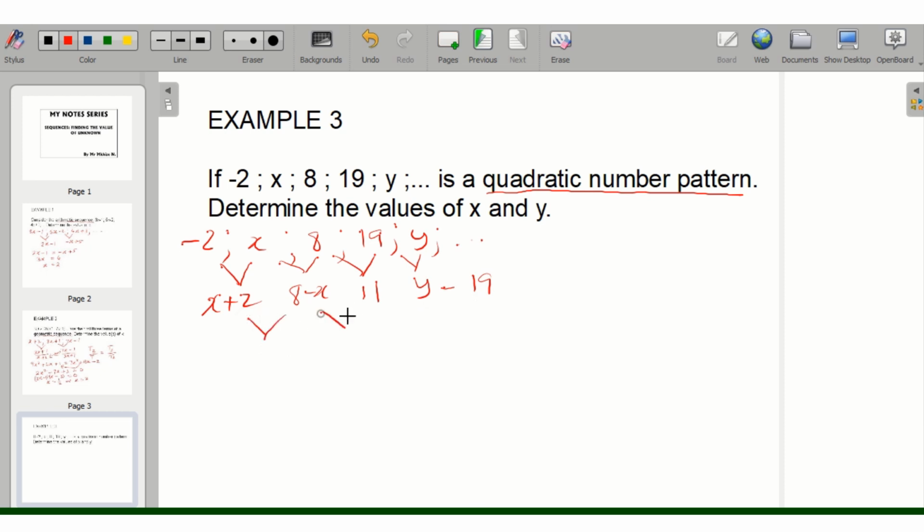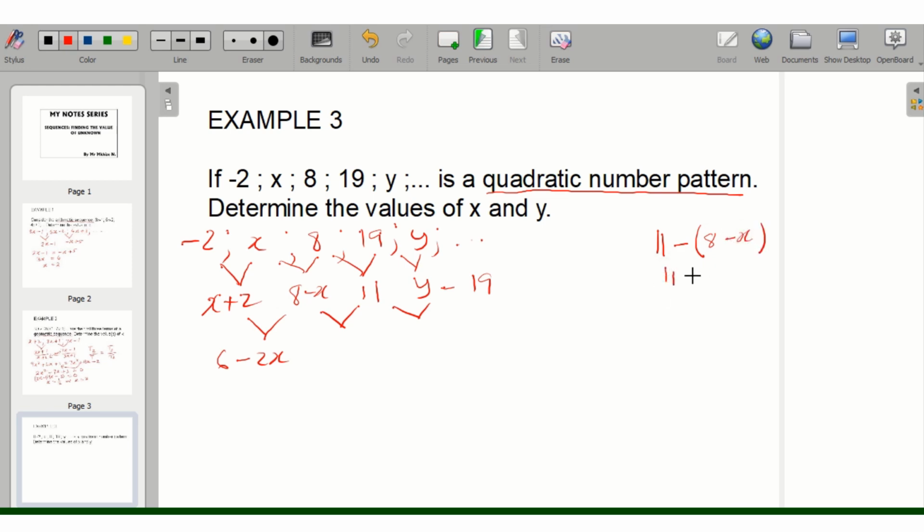But remember, we have to find the second difference. So 8 minus x plus 2, that will be 6 minus 2x. 11 minus, so this is how you write it if you are not sure. You're supposed to say 11 minus, and then you have 8 minus x.